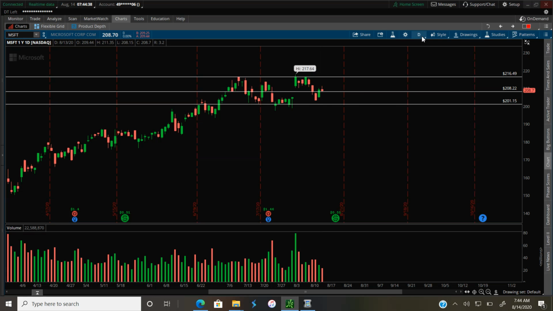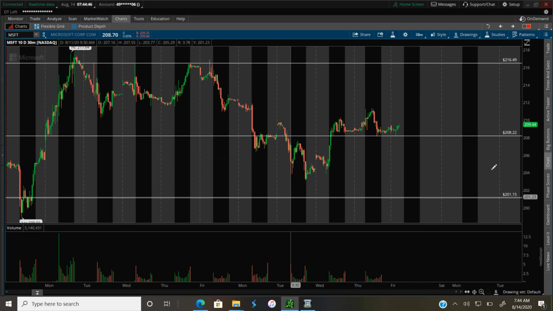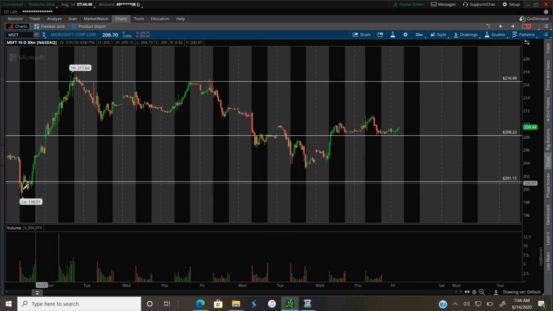Now, if you want to go intraday as a day trader, you can go to the 30-minute chart, and notice how price respects the levels. See, we came here as support, we held, came up, broke resistance, came up, tested the next resistance. This rejected, came down, and notice how it's trying to come up, and it keeps rejecting.